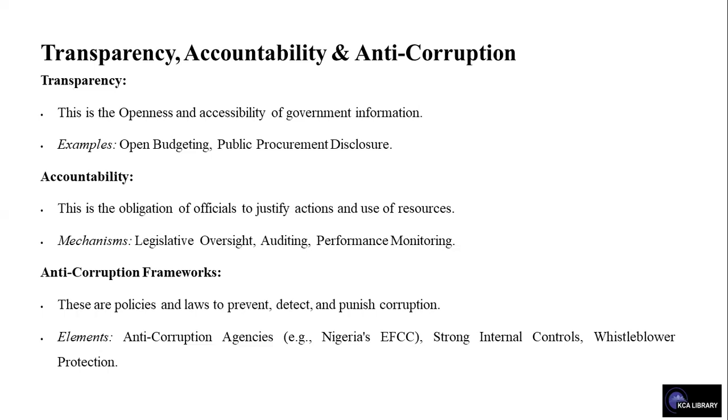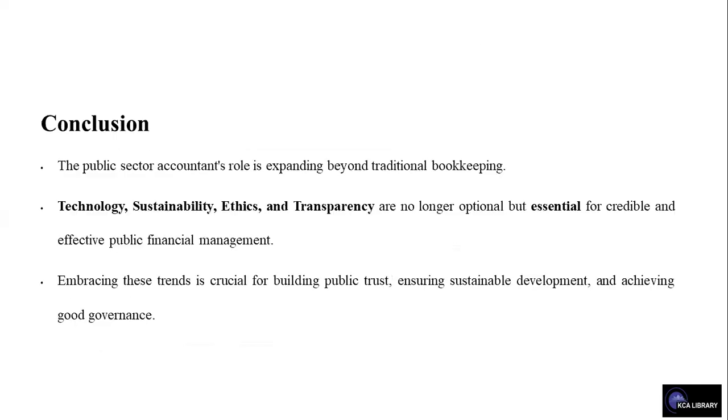The mechanisms involved are legislative oversight, auditing, and performance monitoring. The anti-corruption framework consists of policies and laws to prevent, detect, and punish corruption. Elements of this include anti-corruption agencies like the Nigerian EFCC and ICPC, strong internal control, and whistleblower protection. These are very important elements under the anti-corruption framework.